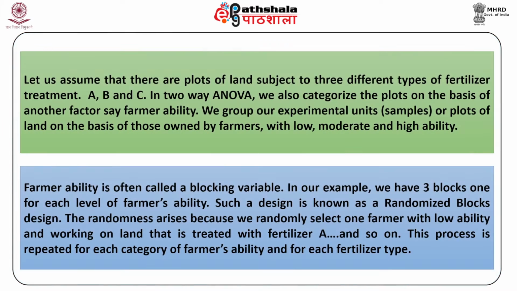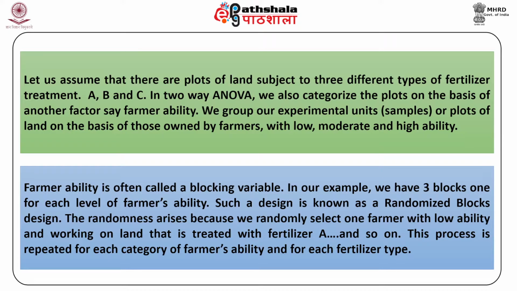So let's assume that there are plots of land subject to three different types of fertilizer treatment, A, B, and C. In a two-way ANOVA, we also categorize the plots on the basis of another factor, say farmer ability. We group our experimental units, known as samples or plots of land, on the basis of those owned by farmers with low, moderate, and high ability, or let's say high awareness.